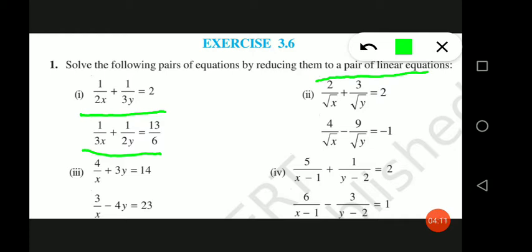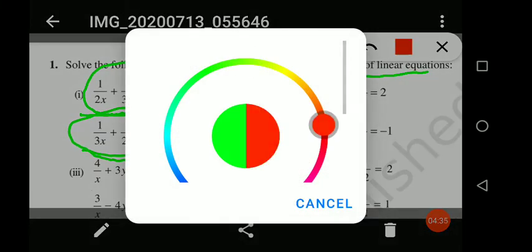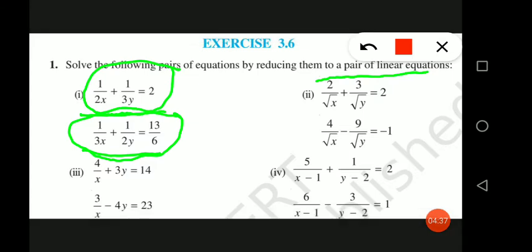For example, in the first equation 1 by 2x plus 1 by 3y equal to 2, and the second equation 1 by 3x plus 1 by 2y is equal to 13 by 6, we will see that only 1 by x and 1 by y are common. Here 1 by x, here also 1 by x is there, and 1 by y and 1 by y.